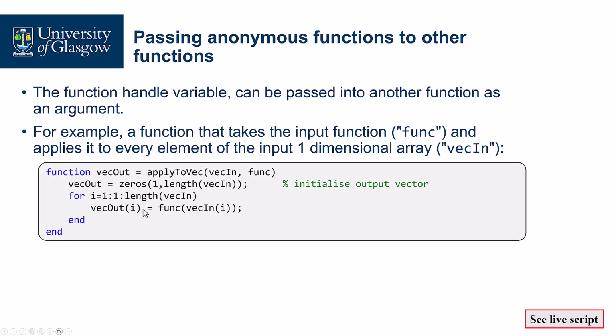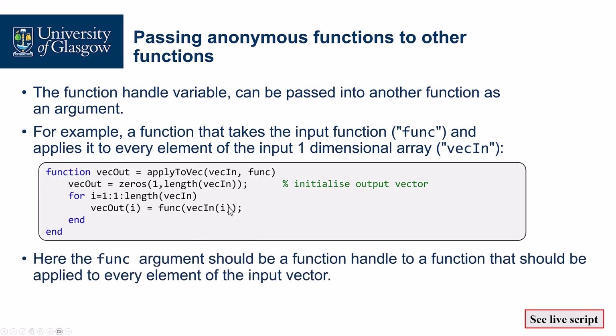vec_out(i) equals func. We see the function variable is used here. So this is a function handle. We use it as a function, and we apply it to every element of the input vector. So we can see the vec_out is updated after this function ends, right?